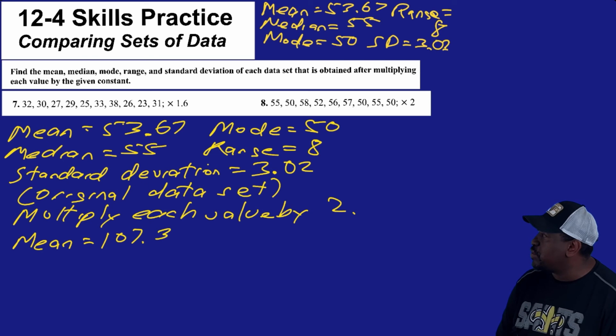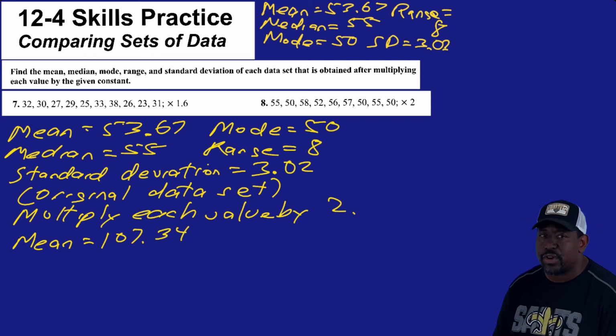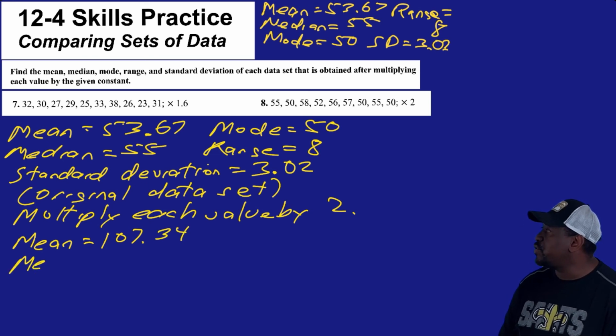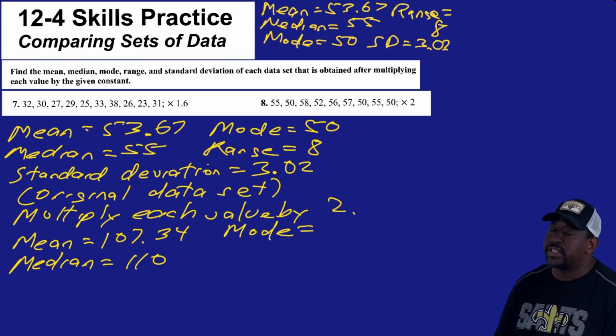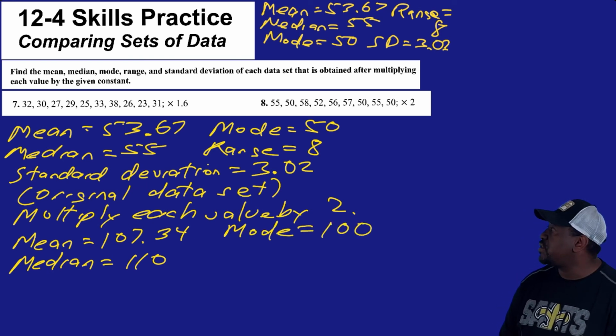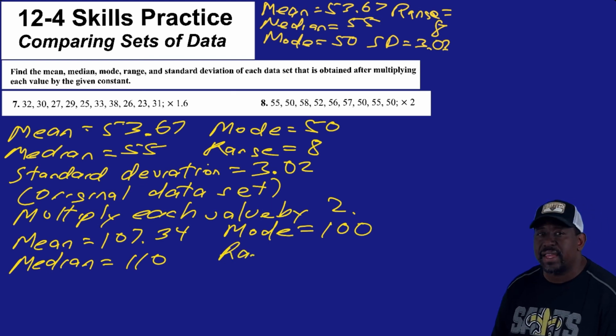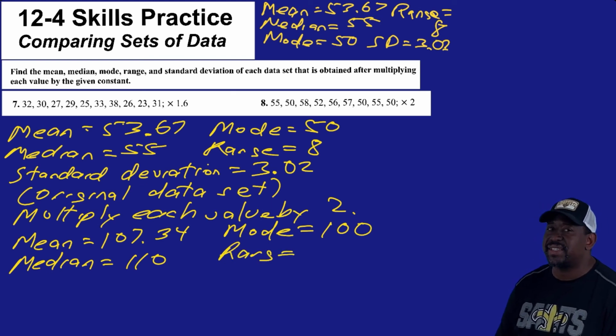So our new mean will be 107.34. Our new median will be equal to 55 times 2, which is 110. Our new mode will be equal to 50 times 2, which is 100. Our new range will be equal to 8 times 2, which is 16.